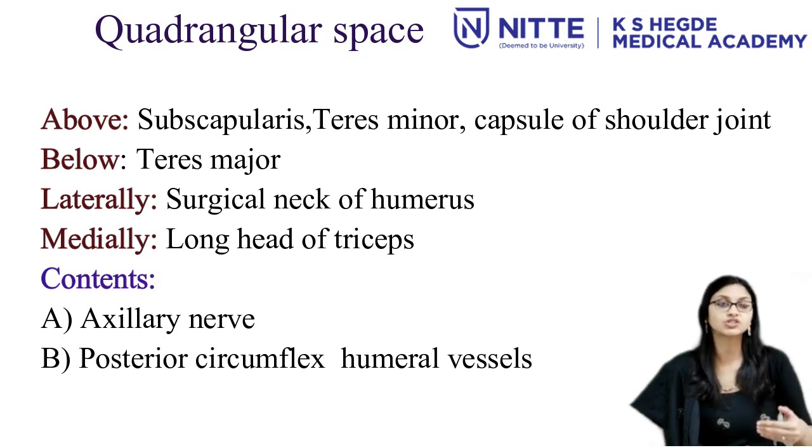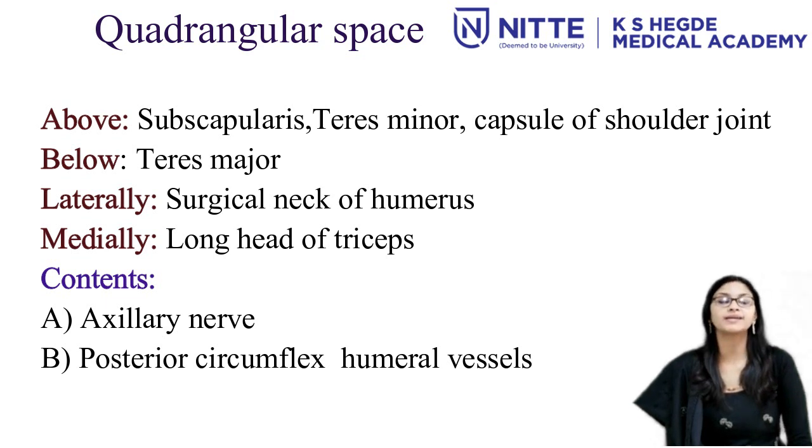So these 3 structures form the upper boundary of the quadrangular space from front to back. Below, the space is bounded by the teres major muscle. Laterally, there is the surgical neck of humerus, and medially it is the long head of the triceps.